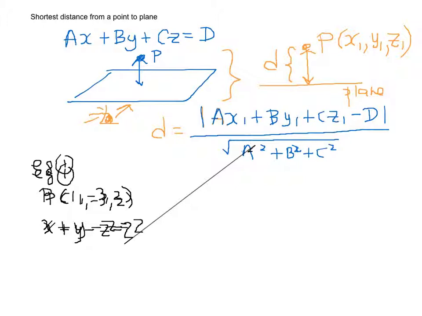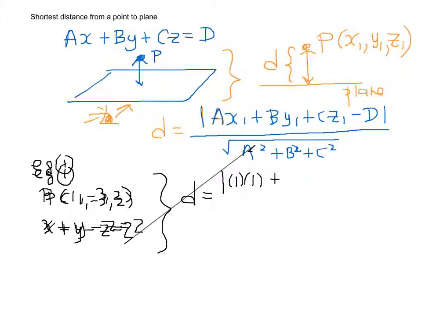Suppose we want to find the shortest distance from this point P to the given plane. That would be fairly easy. Just use the formula, and D is the absolute value of a x1. Now A is the coefficient of x, so A is 1, and x1 is 1.